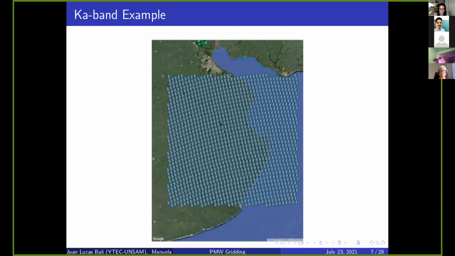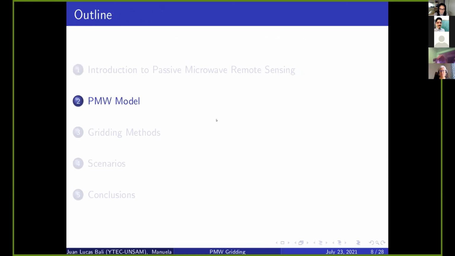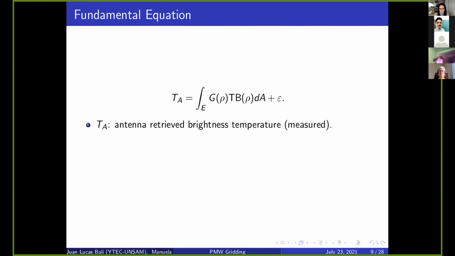And now a little bit of an introduction regarding the mathematics of the PMW model, the passive microwave model.